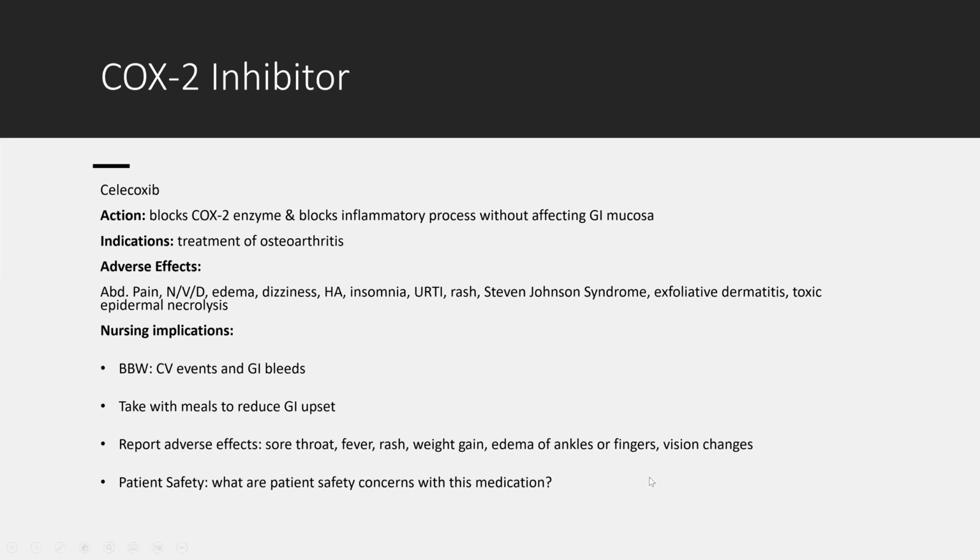What would be some patient safety concerns with this medication? So because this medication can cause that dizziness, you don't want your patient to fall.